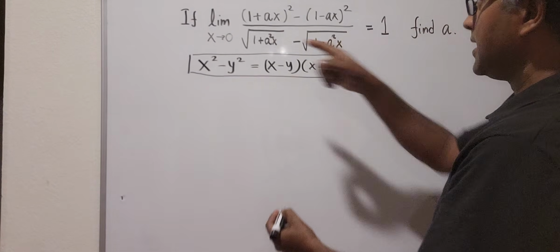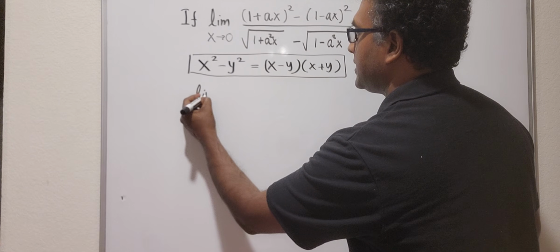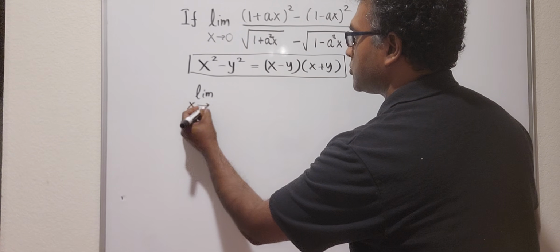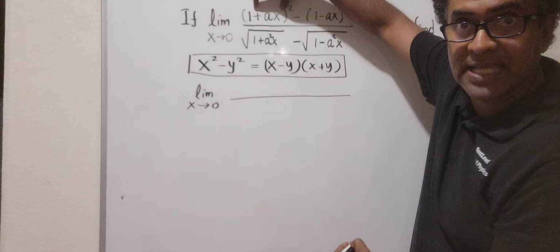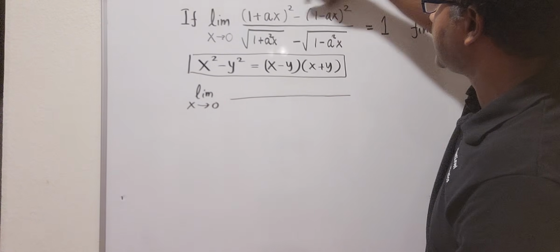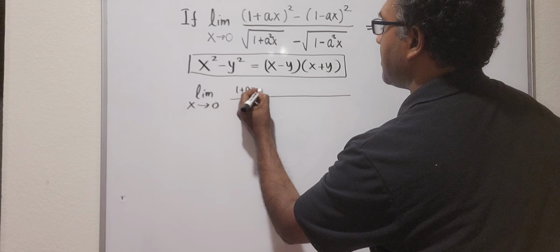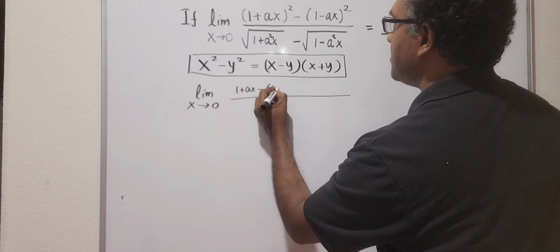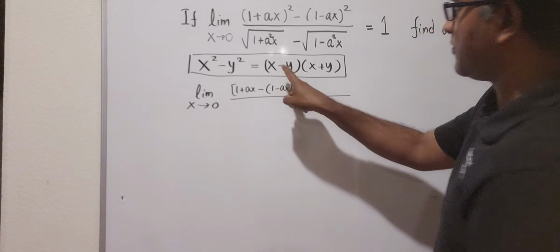Okay, so with that, I'm going to write down the numerator simplified. So limit as x goes to 0, the numerator, I'm going to consider this as x and this as y. So x minus y: 1 plus ax minus 1 minus ax. That's my first term.